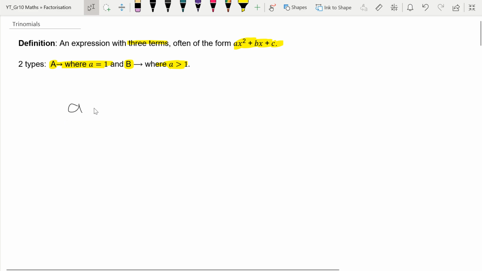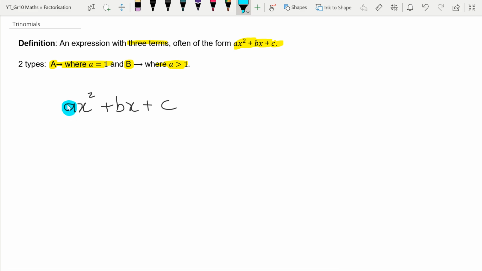So if we think about this, ax squared plus bx plus c is the standard or desired form for a trinomial that we can use this method of factorization. Our leading coefficient, or the coefficient of our x squared term, is our a.